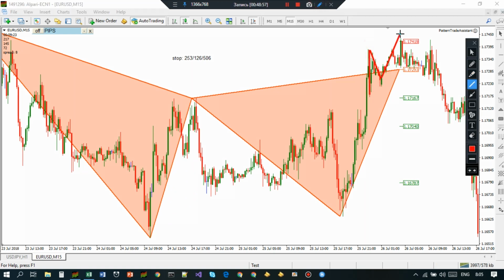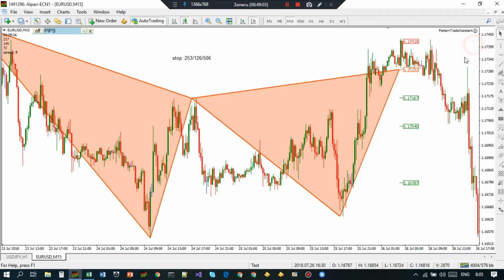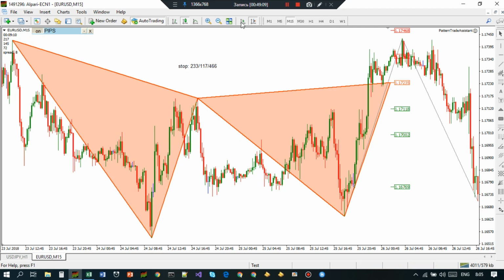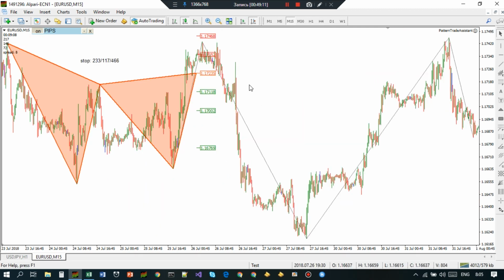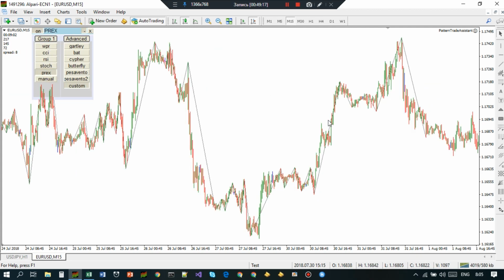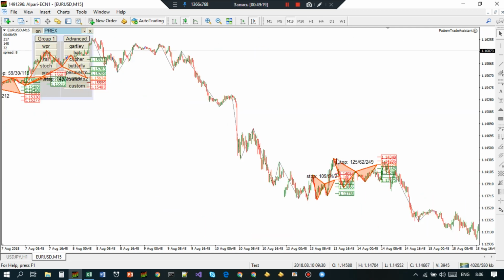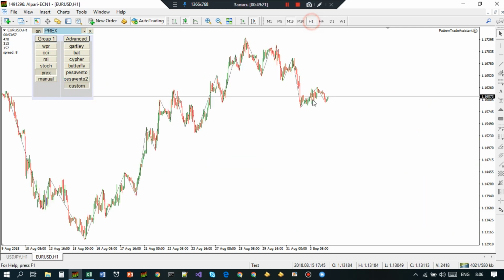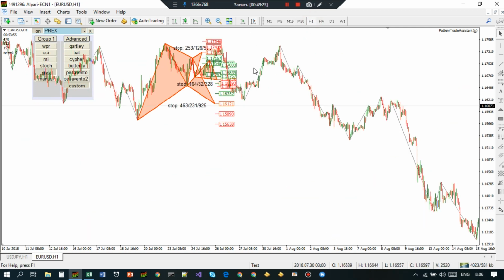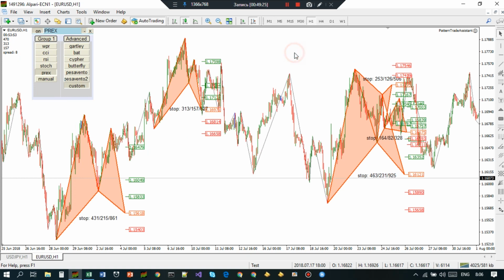I will execute the head and shoulders, and on the break of this line you have extra confirmation of decline. And of course if it is on, it will calculate patterns according to 15-minute information. So let's go to, let's say, Forex price extreme. So you see patterns became smaller, and on hourly they became larger.